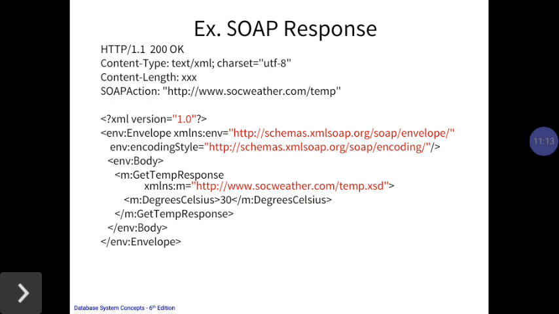For every request there will be a response, right? Inside the envelope the header is not given, it is optional, and here is the body part, so as per the request, the response which is to be delivered to the consumer is given here, right? So that's about the web services. Thank you.